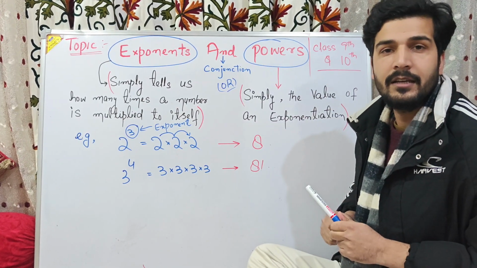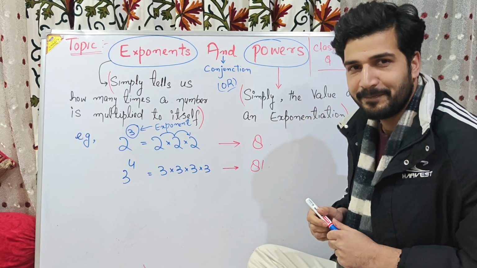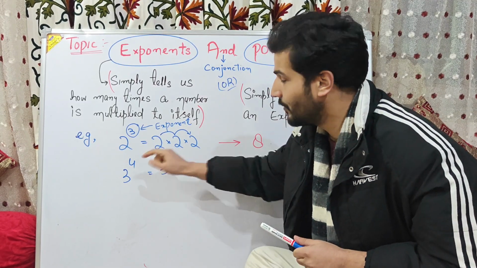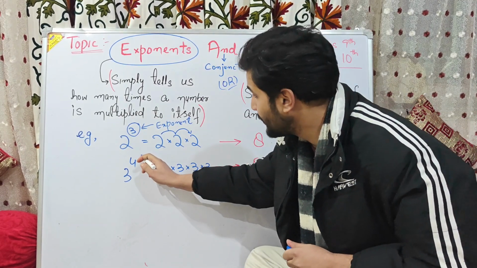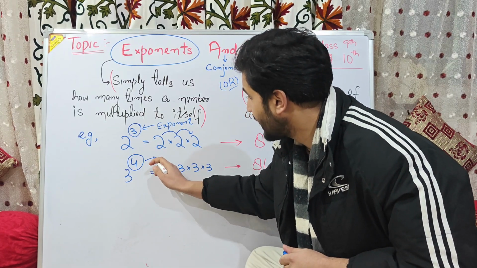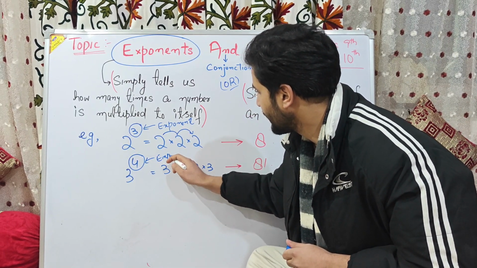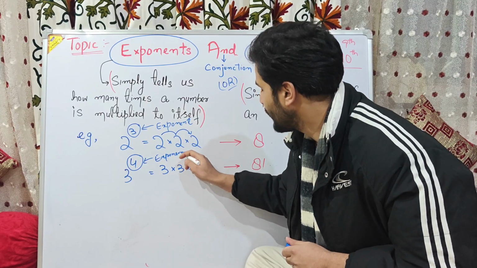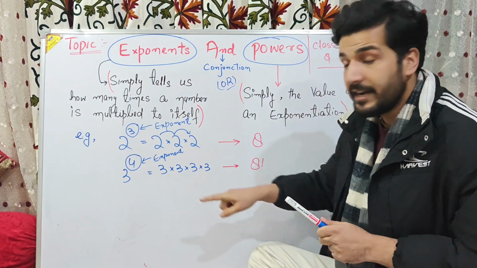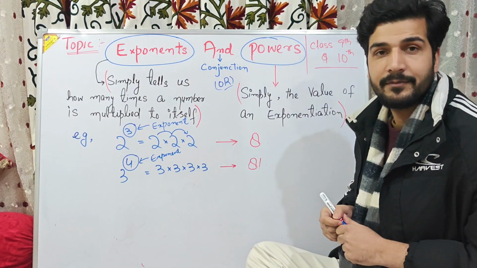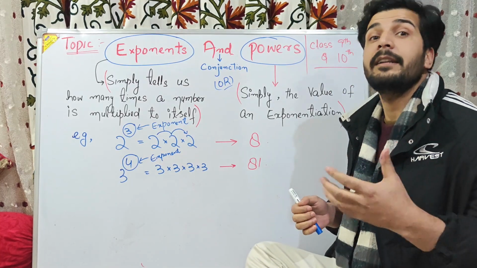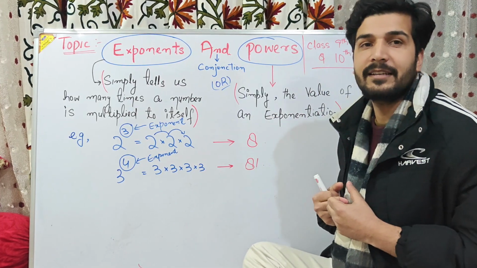Getting my point? Let's take another example: 3 raised to the power 4. What is the exponent here? The exponent is 4. And from this exponent, what does it imply?